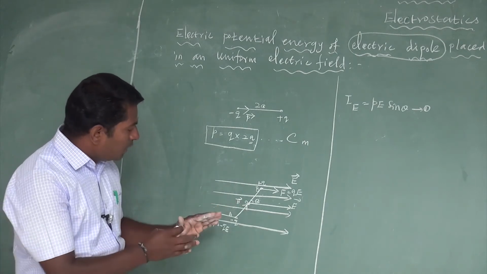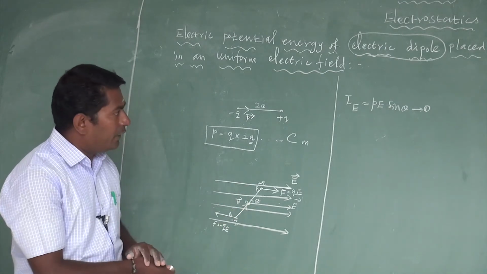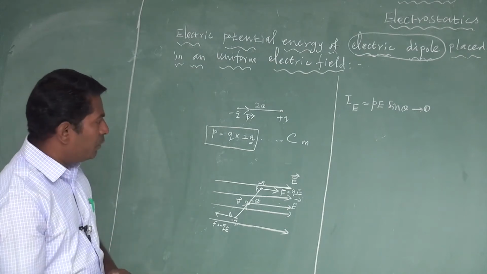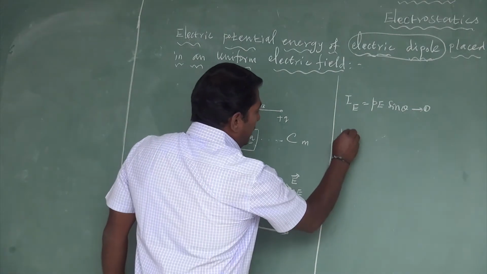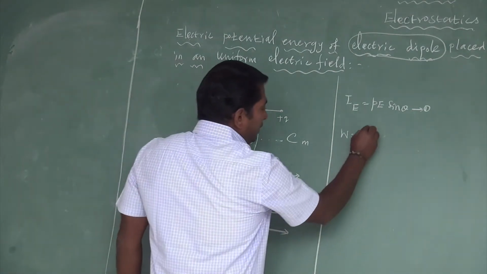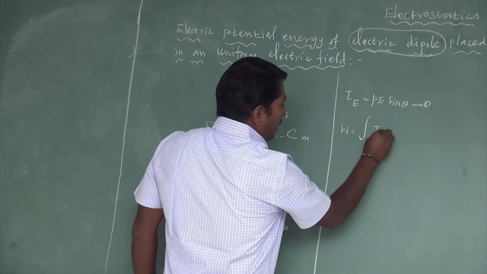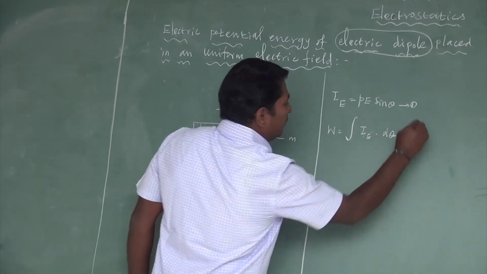So what is the amount of work done to bring it to this position in the uniform electric field? That work done is stored as the electric potential energy of the dipole. So that work done W is equal to the integral of tau dot d theta, equation number 2.